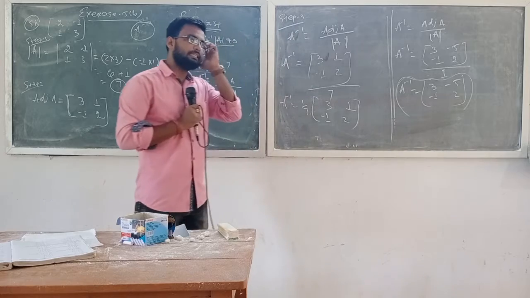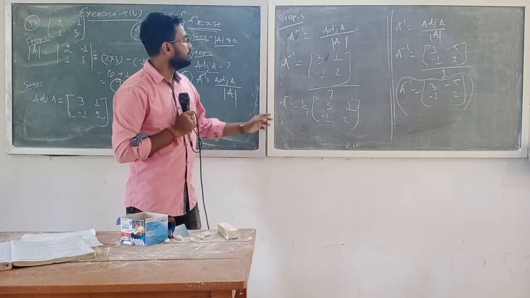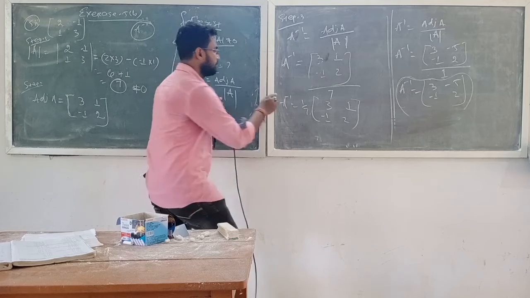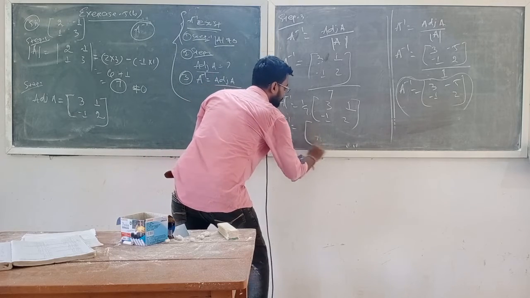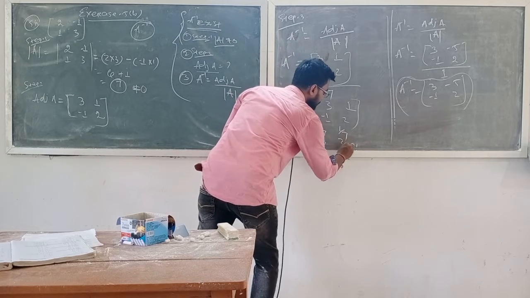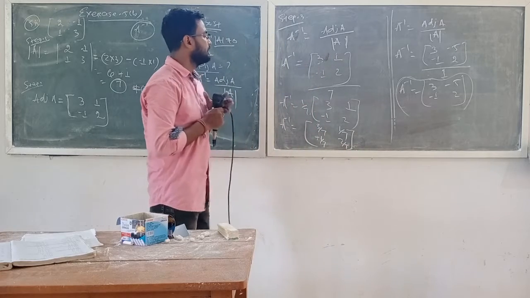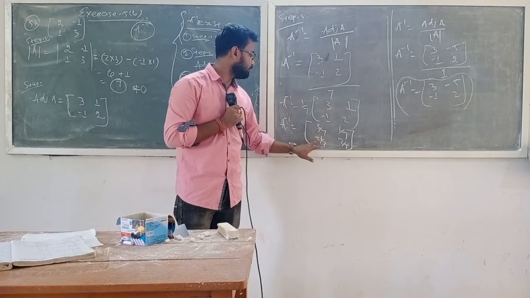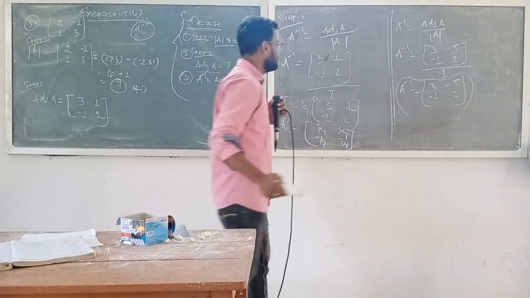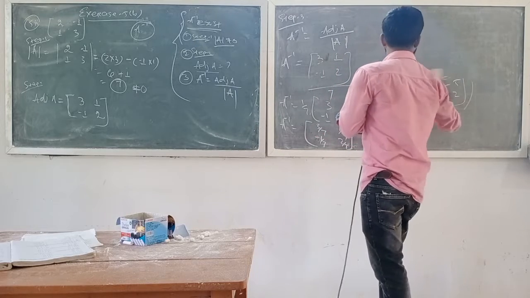You can study scalar multiplication: any scalar can be multiplied by a matrix, and the condition is that it multiplies each and every element. So A inverse will be 3 by 7, 1 by 7, minus 1 by 7, 2 by 7. This is the A inverse, the inverse of the matrix 2, minus 1, 1, 3.